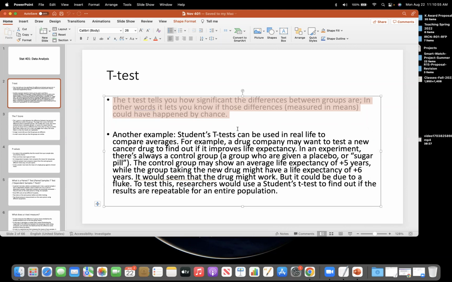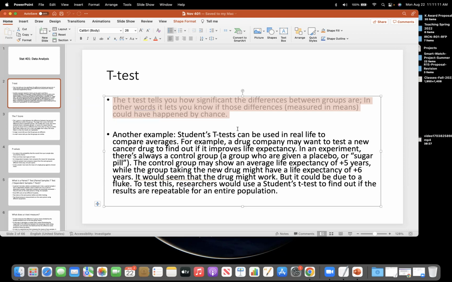A t-test measures if there are any differences between groups. Normally t-test is done on two groups, right? So if you have more than two groups, you do a different test called ANOVA.